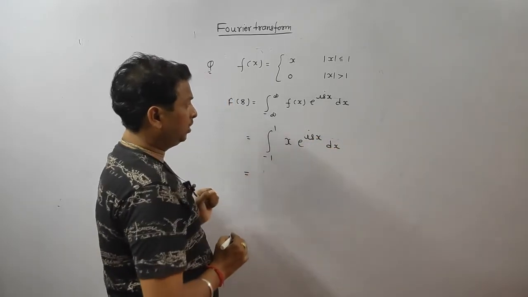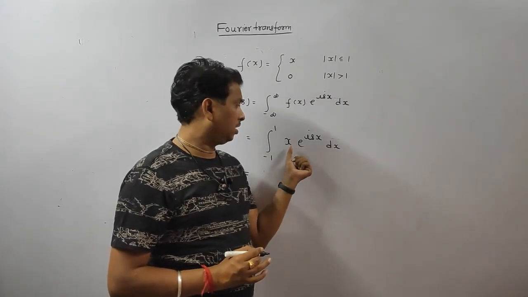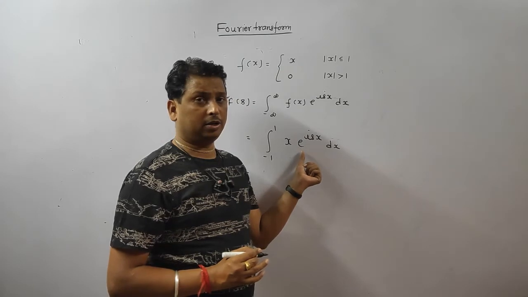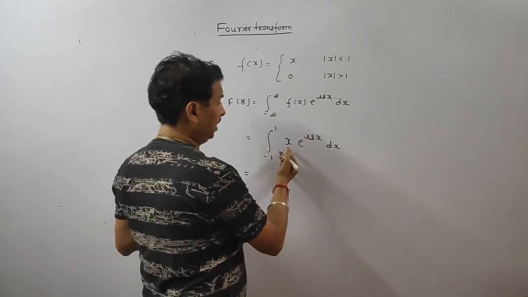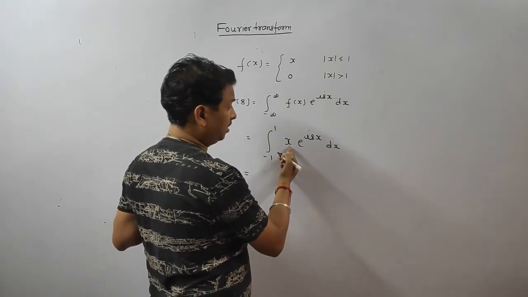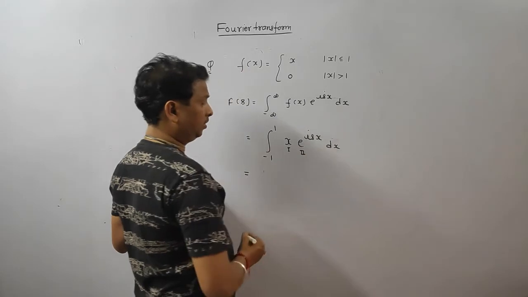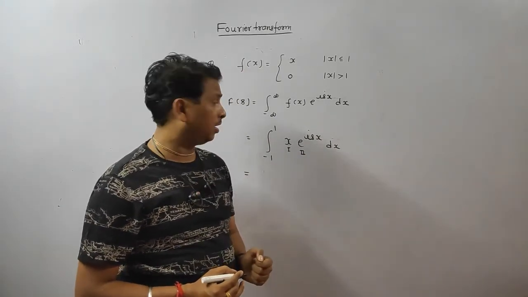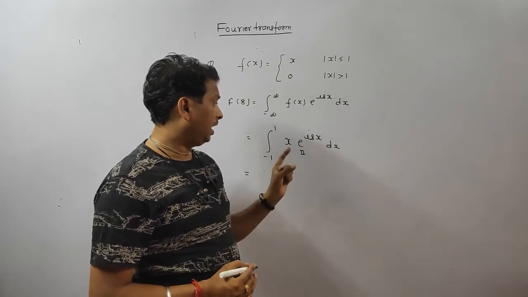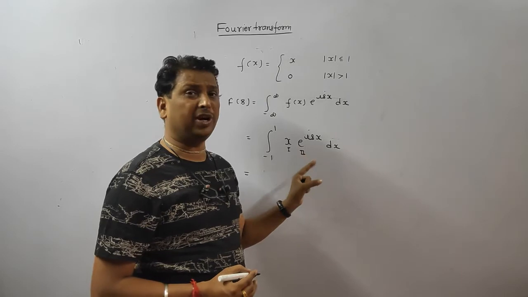Now my friends, you know how we calculate this integral, correct? Integration by parts, correct? First into second. Which one is first? Using the Euler formula, the algebraic term will come first and the exponential will come last.